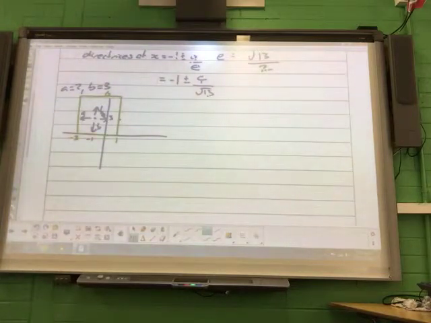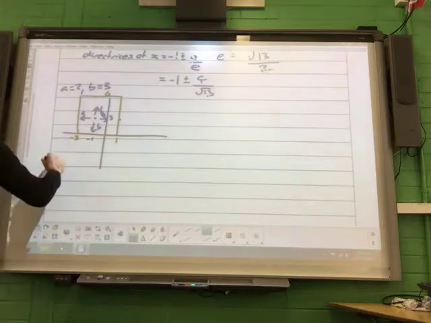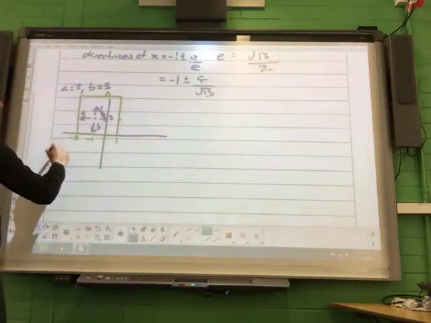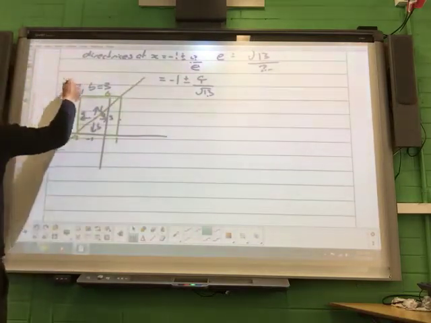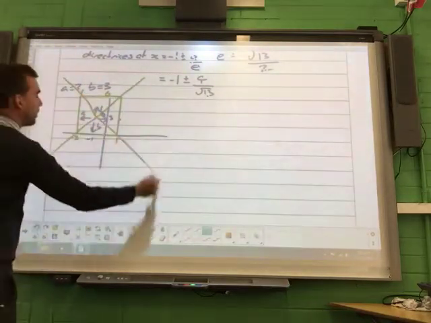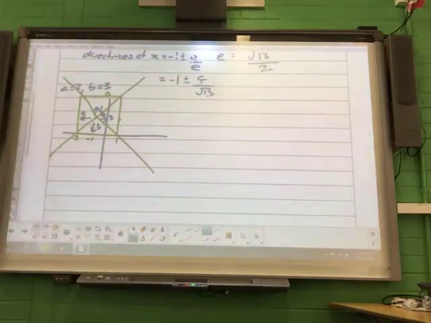That gives you your rectangle. When you draw that rectangle, we can draw your asymptotes corner to corner through the centre. So that's how we can get the asymptotes in the right spot.